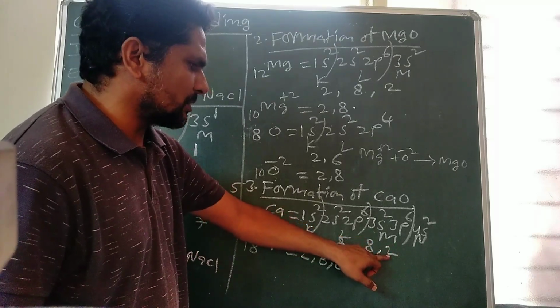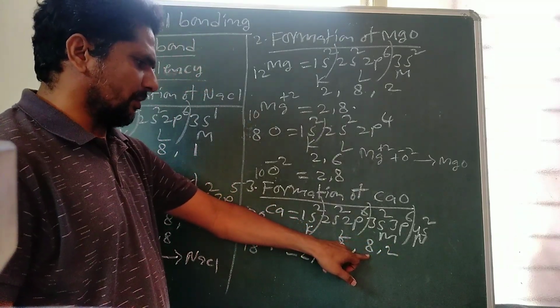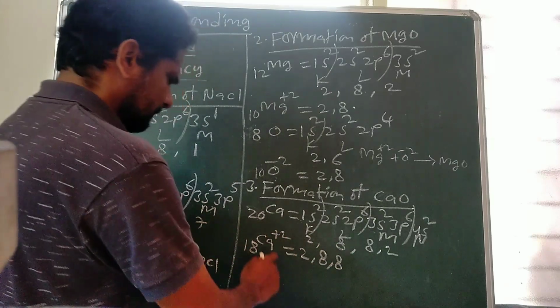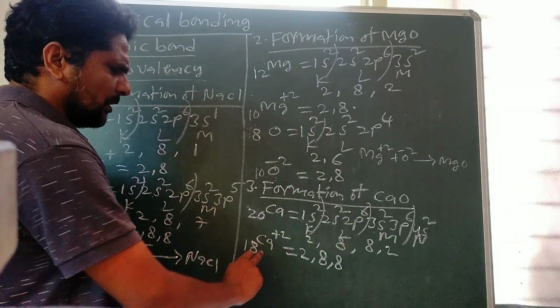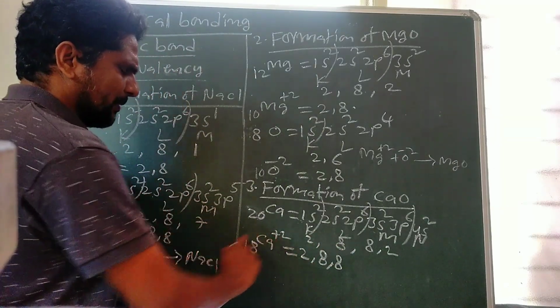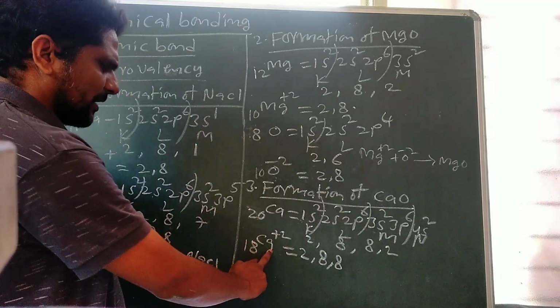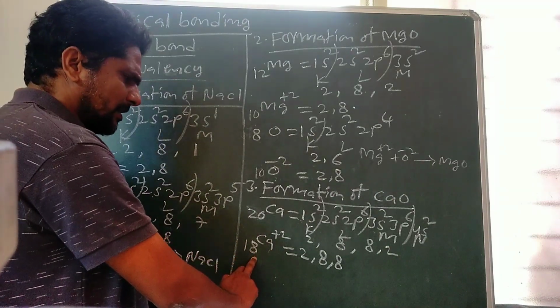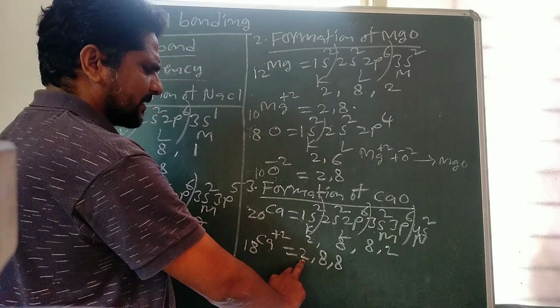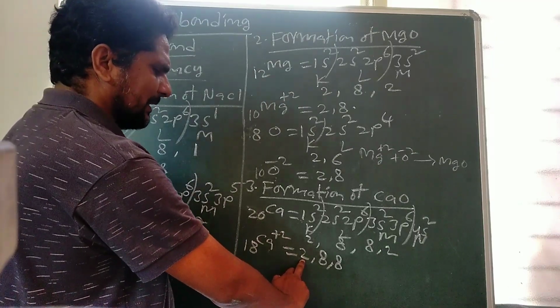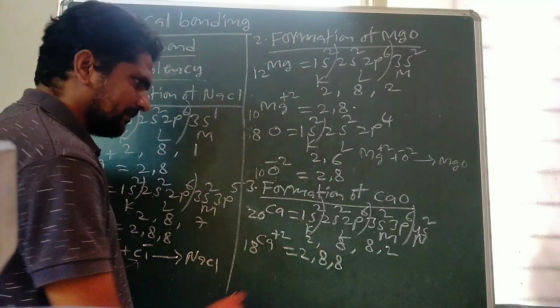These 2 electrons are lost to get a stable electronic configuration. So calcium loses 2 electrons to get a Ca+2 ion. Ca+2 ion consists of 18 electrons, so its numerical electronic configuration is 2, 8 and 8.